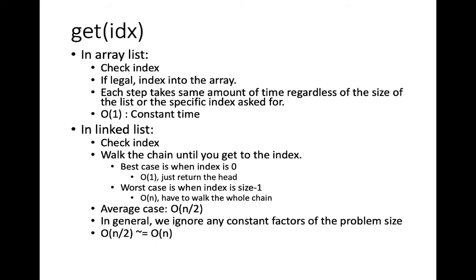Constant time has no n because it doesn't matter how big the list is. It's the same amount of time, and that's why we say order 1, no n in there. In the linked list case, it takes an amount of time proportional to the size of the list, so we say it's order n.